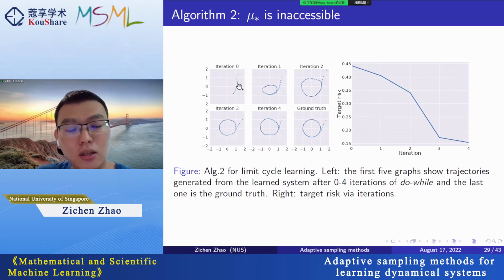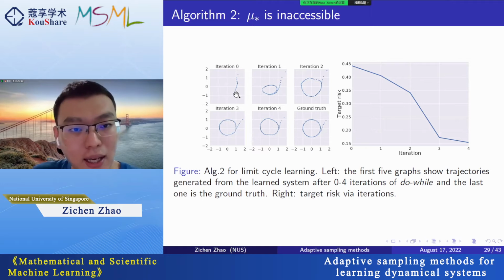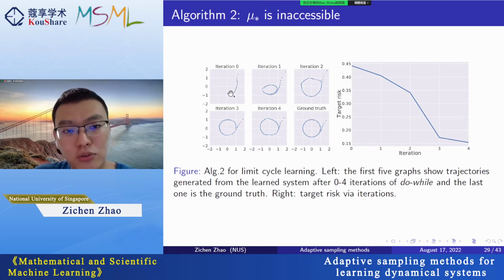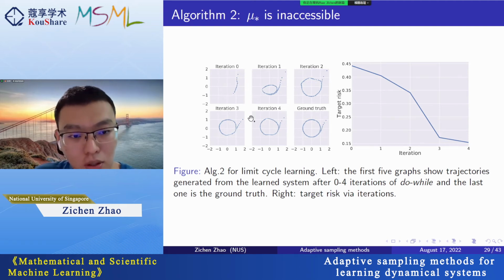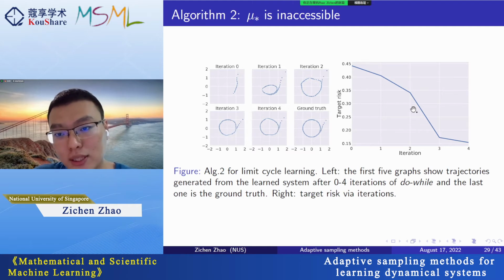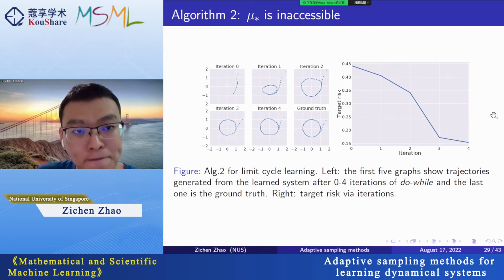In this case, the target risk is selected as the inaccessible invariant distribution, so we cannot directly draw samples from the limit cycles. But using the algorithm, we can adapt it, gradually capture the limit cycle, and the target risk decreases significantly.